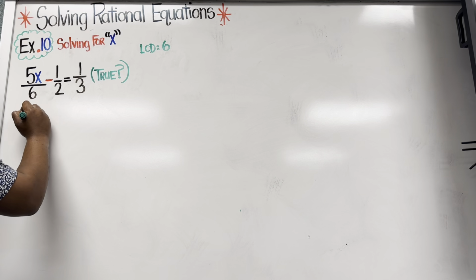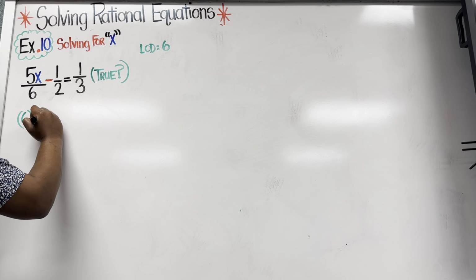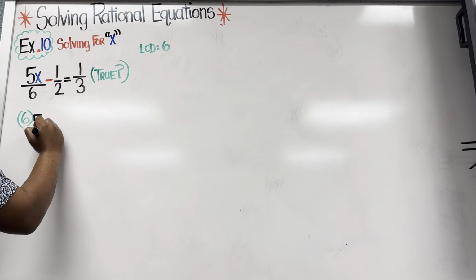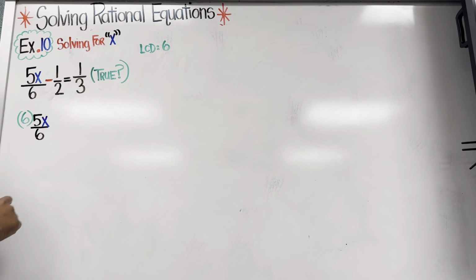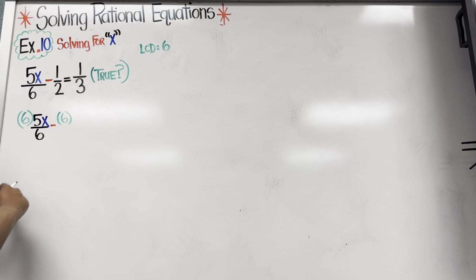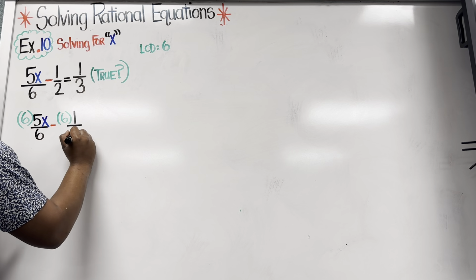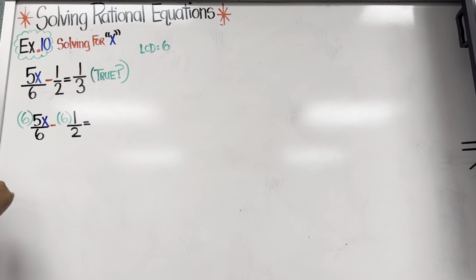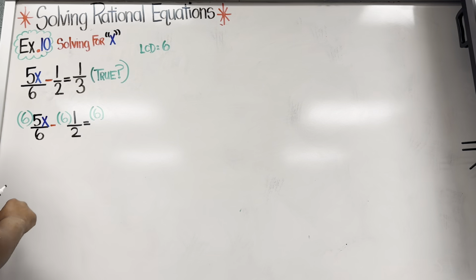So I'm going to have 6, parentheses, 6 times the first expression, which is 5x over 6, minus, same thing, I've got to multiply this 1/2 by the LCD of 6, equals 6 times 1/3.